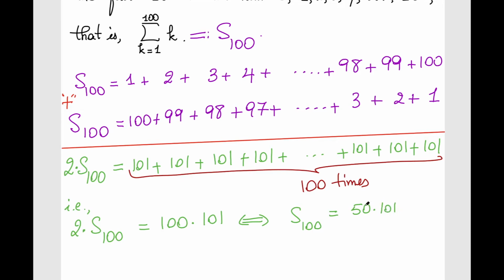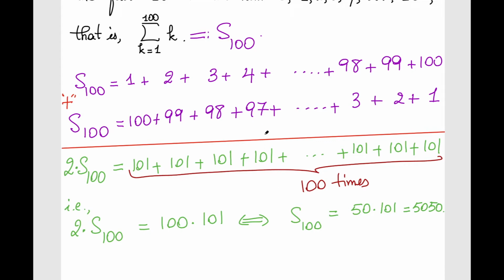And how much is this? You can think about 50 times 101 as 50 times 100, so 5,000, plus 50 times 1, which is 50. That's 5,050. So that sum is 5,050.